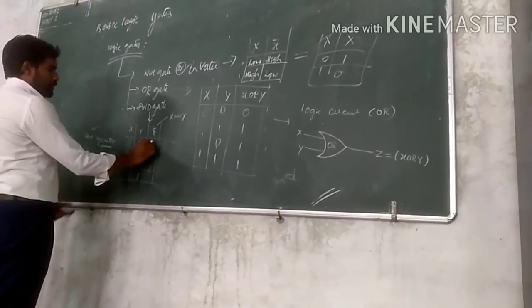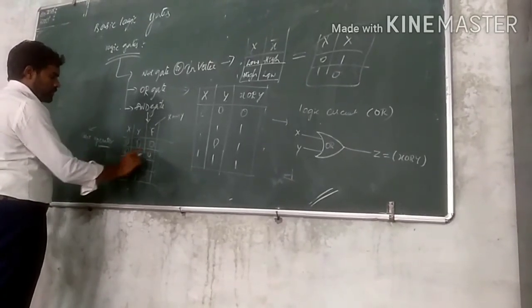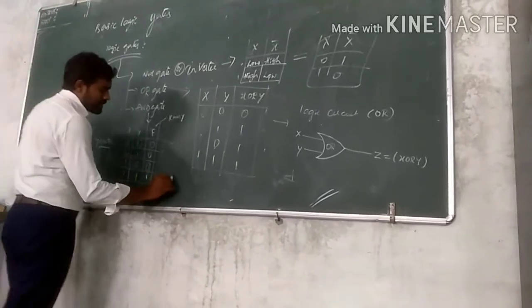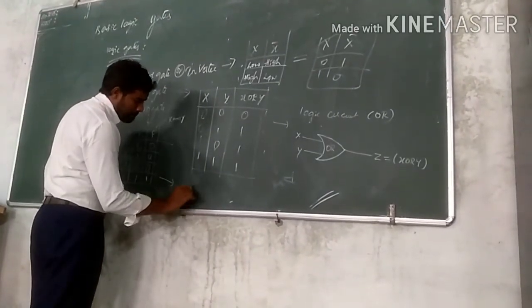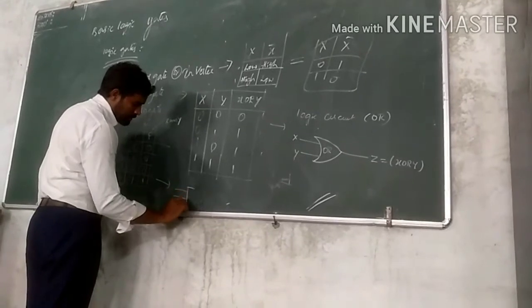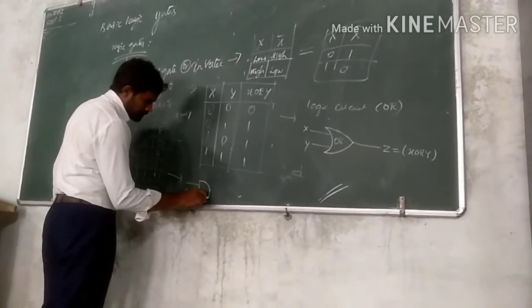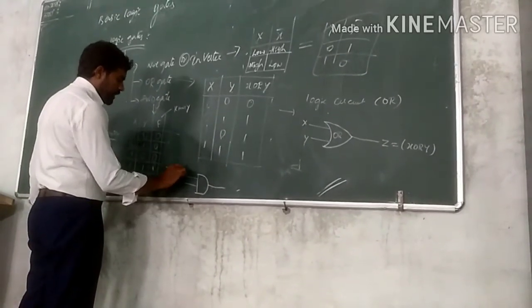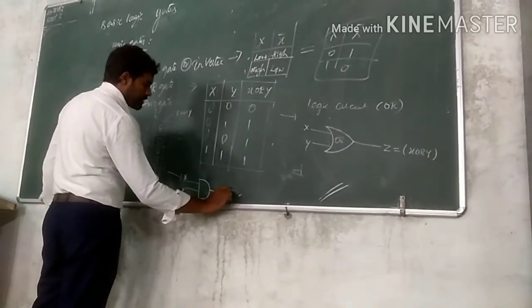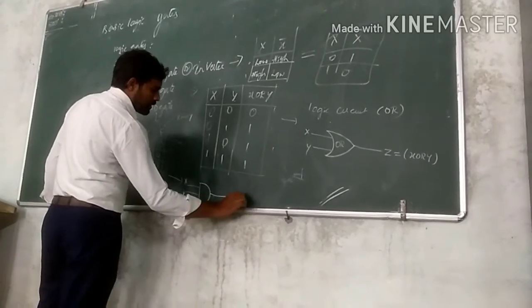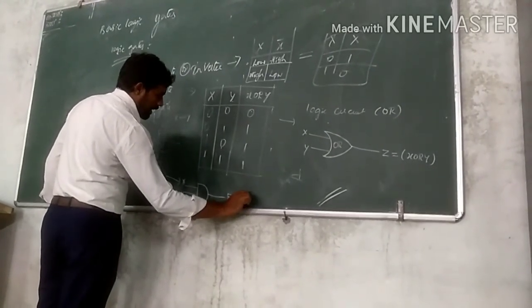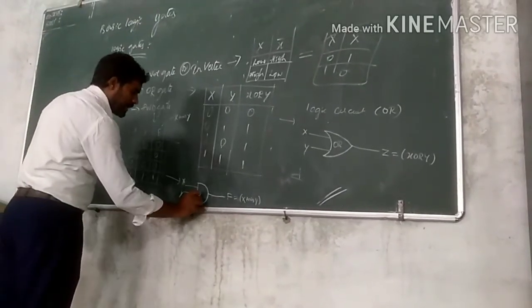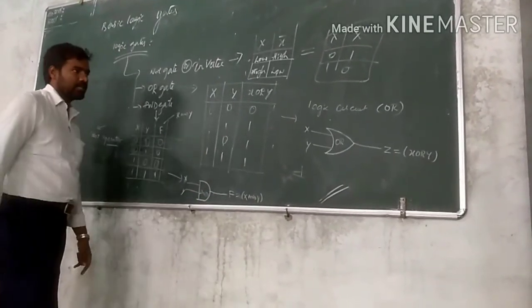So 0 into 0 is 0, 0 into 1 is 0, 1 into 0 is 0, 1 into 1 is 1. The logic diagram for this is: this is x, this is y, this is f. F is equal to x and y. So this is the AND gate, the logical AND gate circuit.